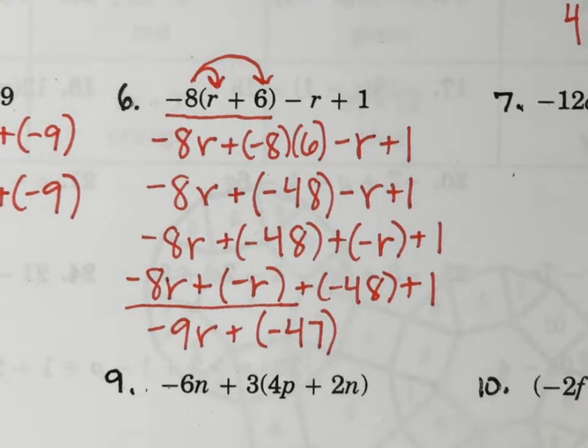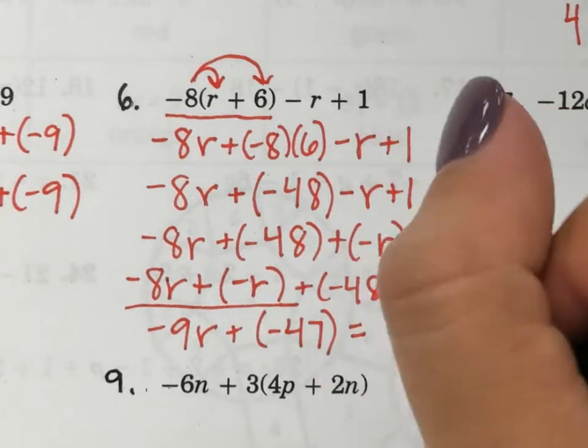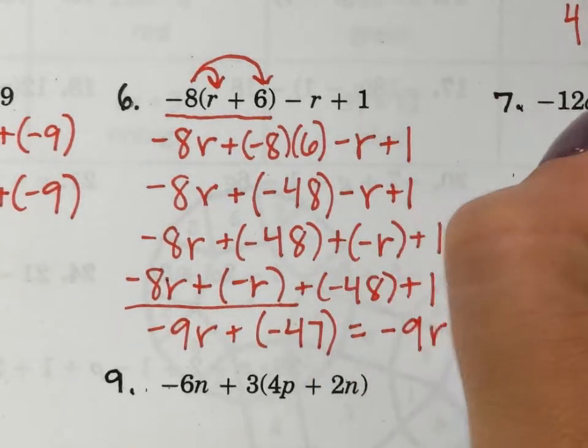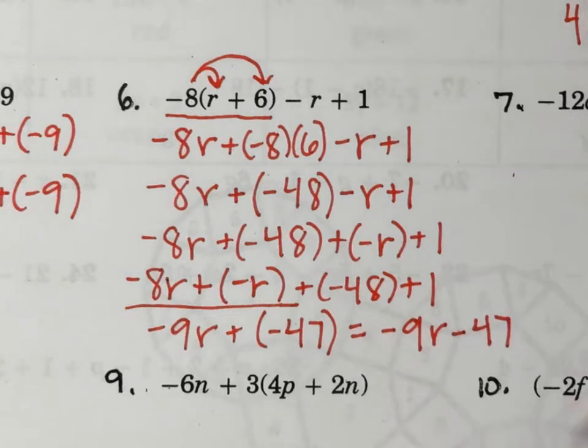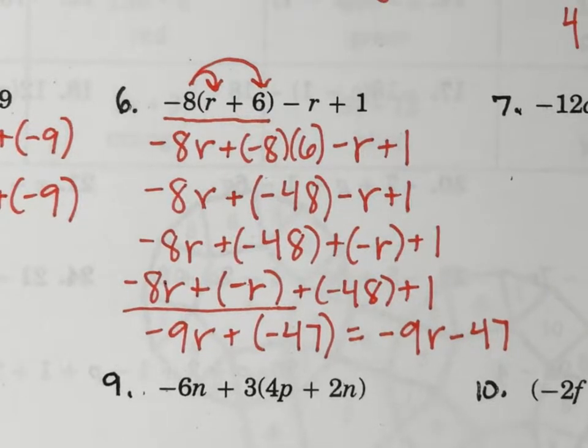No. I need to get rid of those parentheses so I can rewrite it as a subtraction problem. So I have negative 9r minus 47. And that is in simplest form. Questions on number 6?